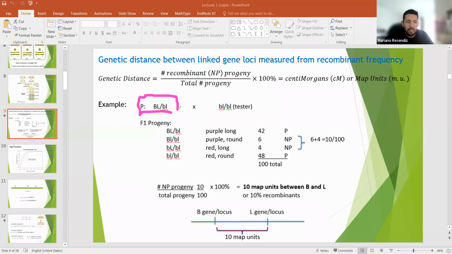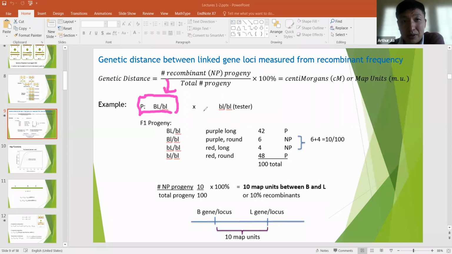You use this double heterozygous parent, and then you cross it with this tester, which is the double homozygous, and then you can get these 4 possible genotypes. With this experiment, you can get some data here.